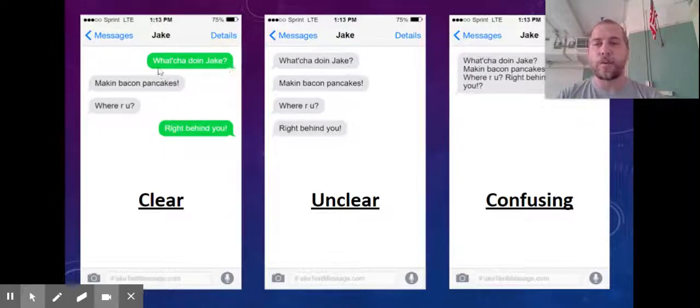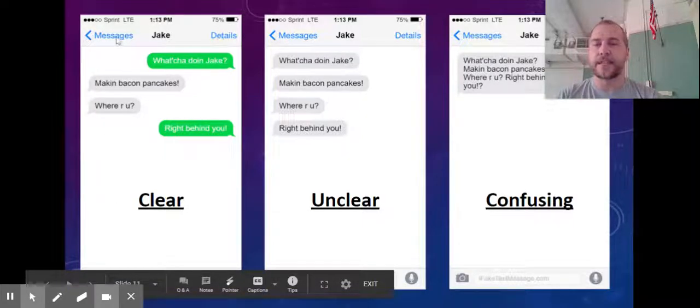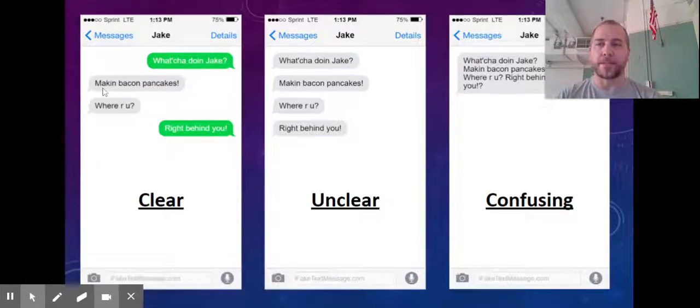And so you'll see that we move from left to right when the speaker or the writer changes. And so here's a clear example of a text message. You can see one speaker is on the right, the person responding is on the left. This is another visual cue that helps separate it. And this is kind of the same logic that we use for starting a new paragraph when writing dialogue. It's a way of making things visually clearer.